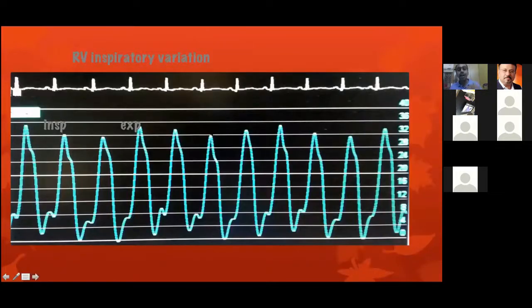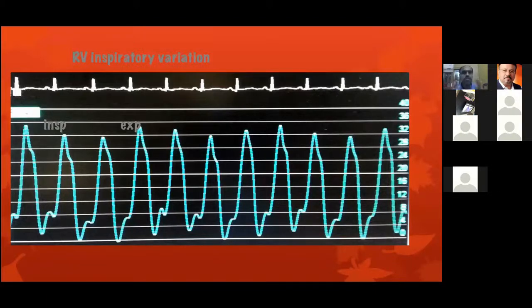Right ventricle will also have inspiratory variation. Every chamber will have inspiratory, expiratory variation. So right ventricle will also fall in inspiration, rise in expiration. Sometimes when I ask some of the youngsters, some people will tell right ventricle will increase on inspiration and left ventricle will increase on expiration.